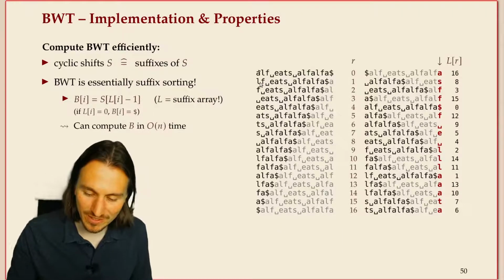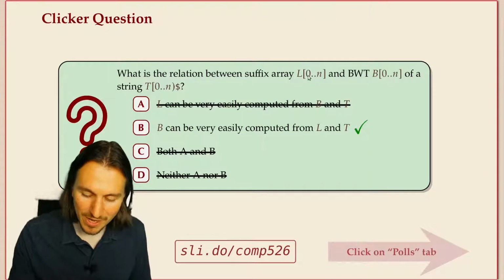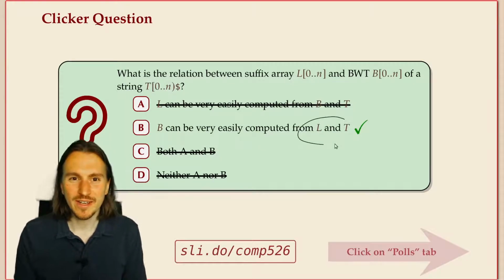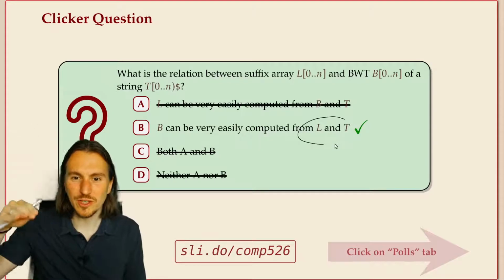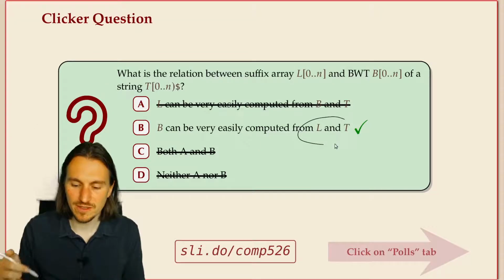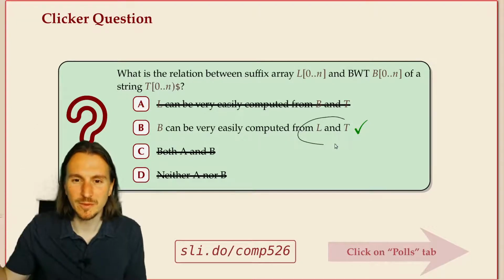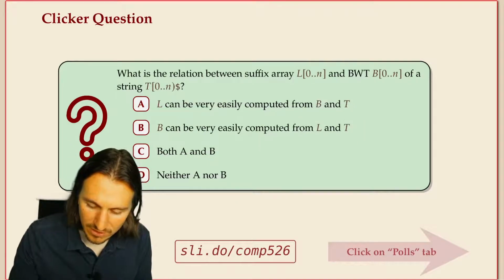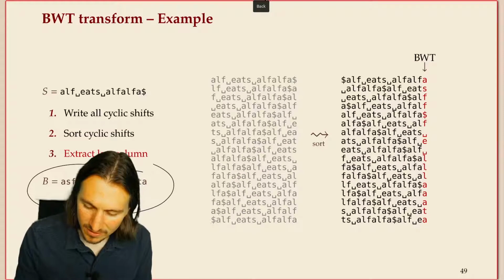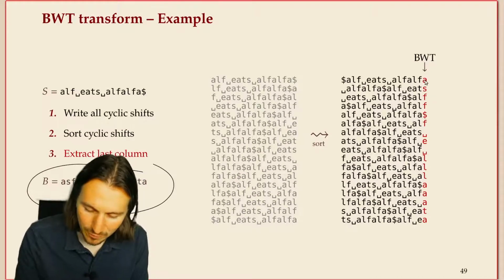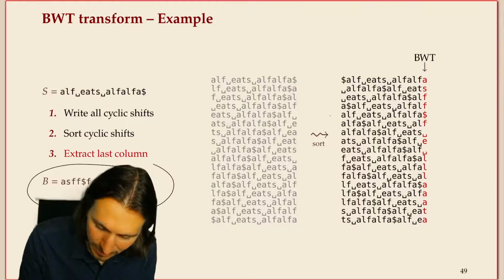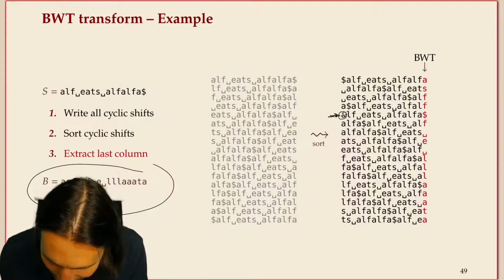And that, of course, means if you have the suffix array and the text, then you know the sorted order. The only thing you need then is to jump to this last column, but that's always the character that precedes this index. So for example, here, if we know that this is the starting position, this A is, what is it?